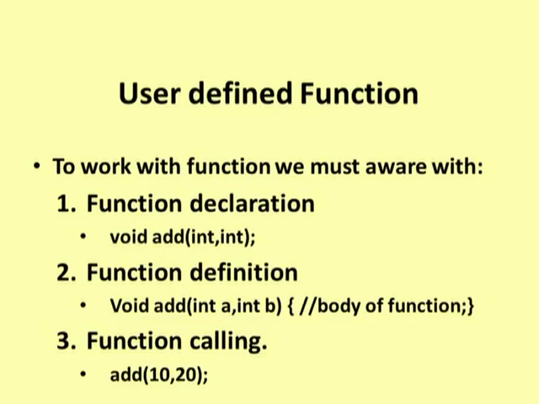This function does not return anything, so I mention the return type as void. Now this function will contain some addition functionality, which is the body of the function. Within the curly braces, the body of the function, the statements required to add the two values should be written. So this is called the function definition.